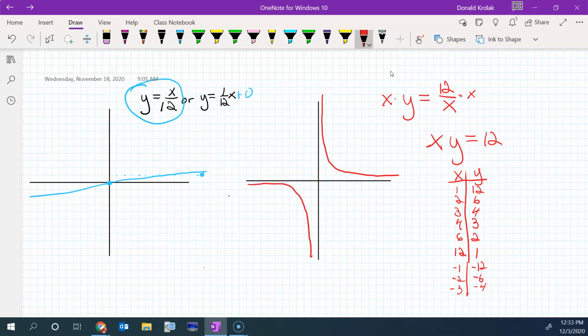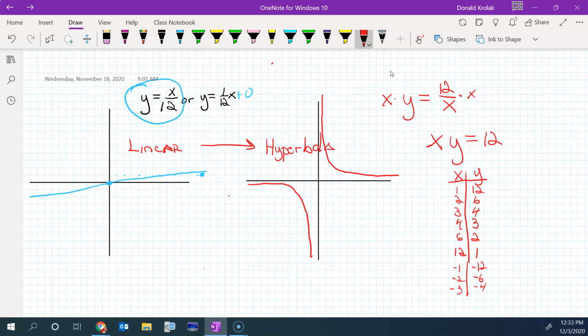So when you took the reciprocal of a linear function, it turned into a hyperbola. That shape right there is a hyperbola.